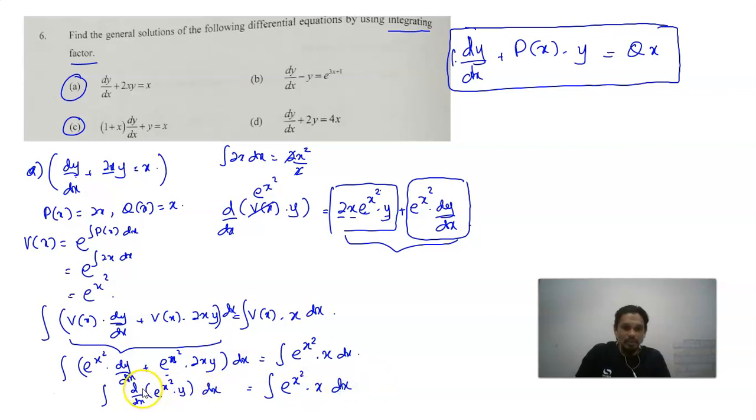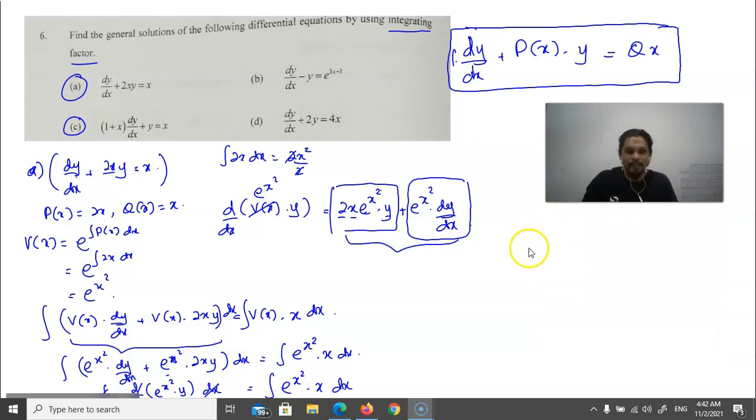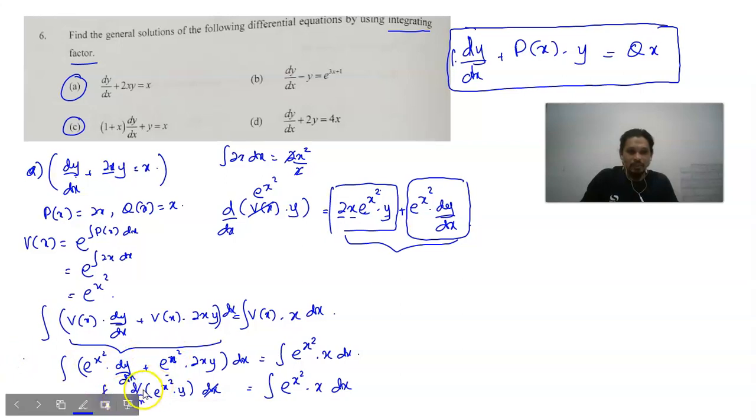Between the derivative and the integral, they cancel each other, so it gives us e^(x squared) times y equals the integral of e^(x squared) times x dx.